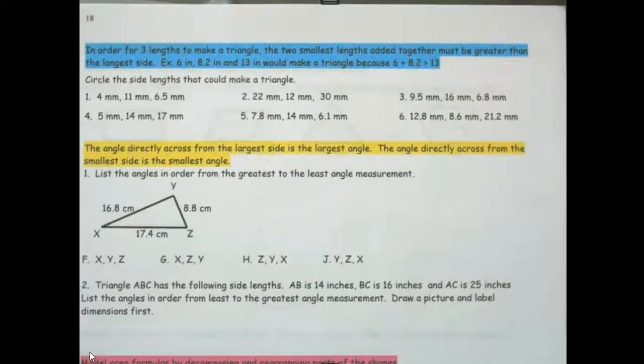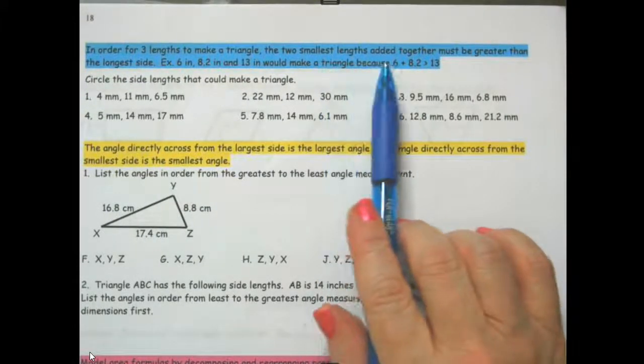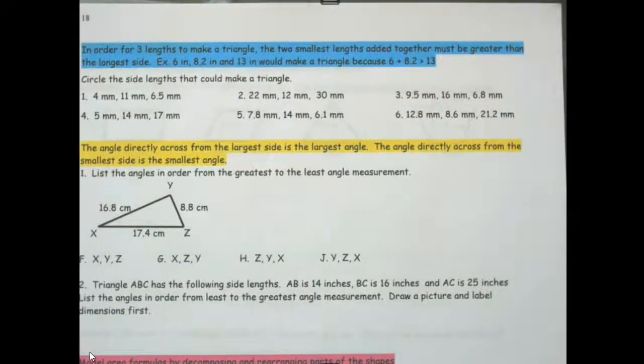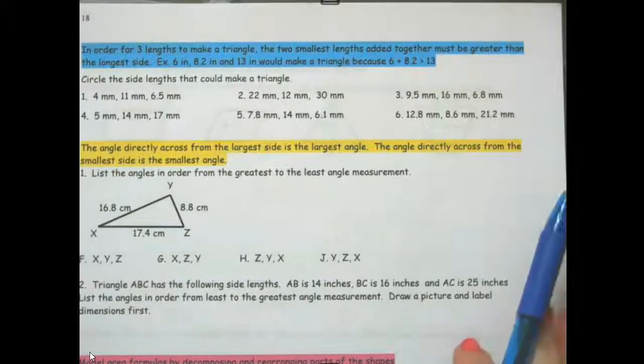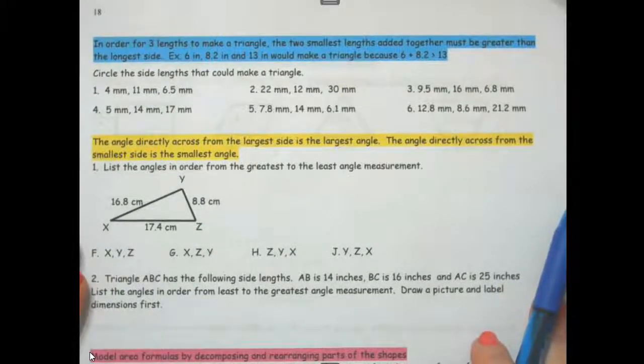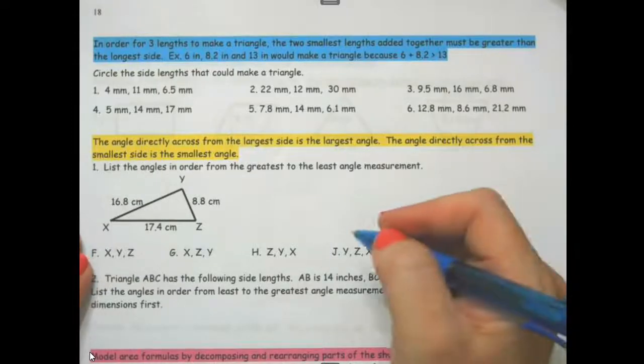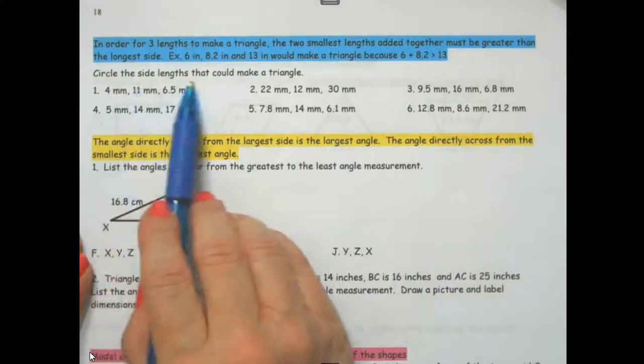In order for the three lengths to make a triangle, the two smaller lengths added together must be greater than the longest side. So two sides added together has to be greater than the third side. Circle the lengths that could make a triangle.